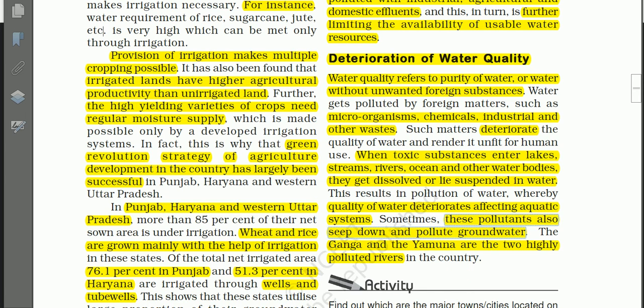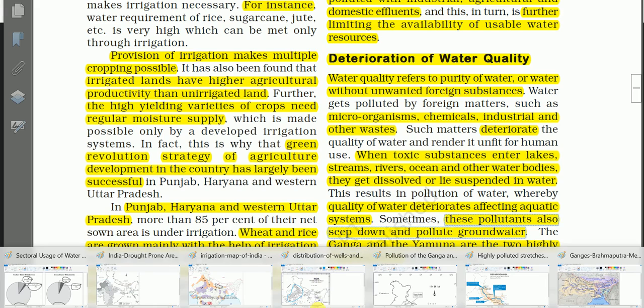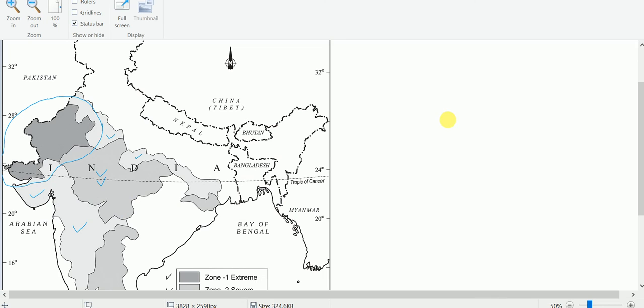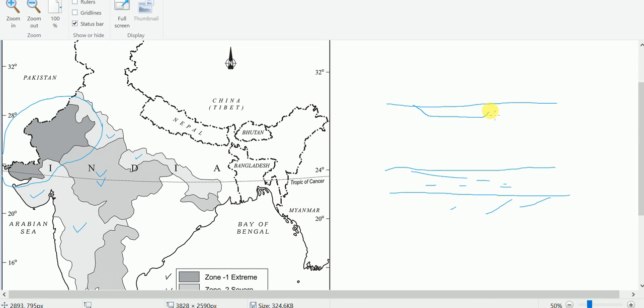So for example, say this is the surface, and here we have the aquifer. Water is present, groundwater is present here. And see, here we have deposits of this polluted water, maybe released from the industries or from the agriculture field.